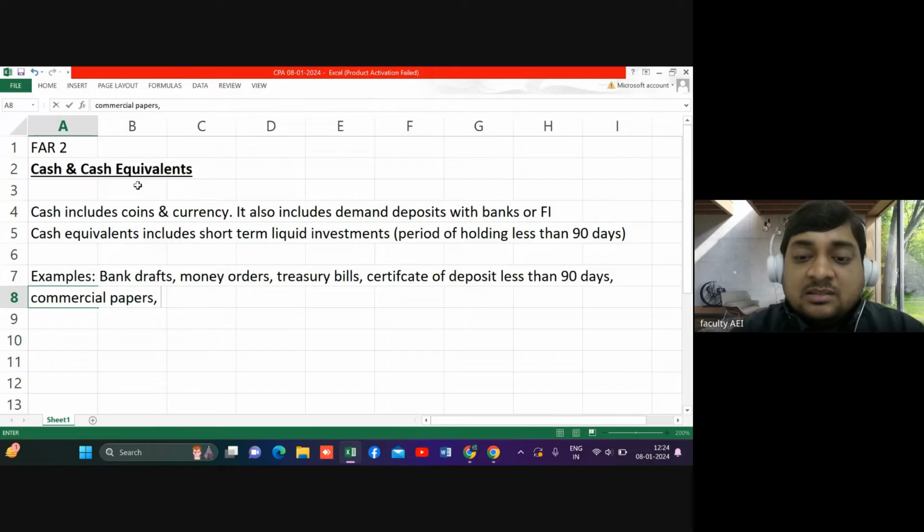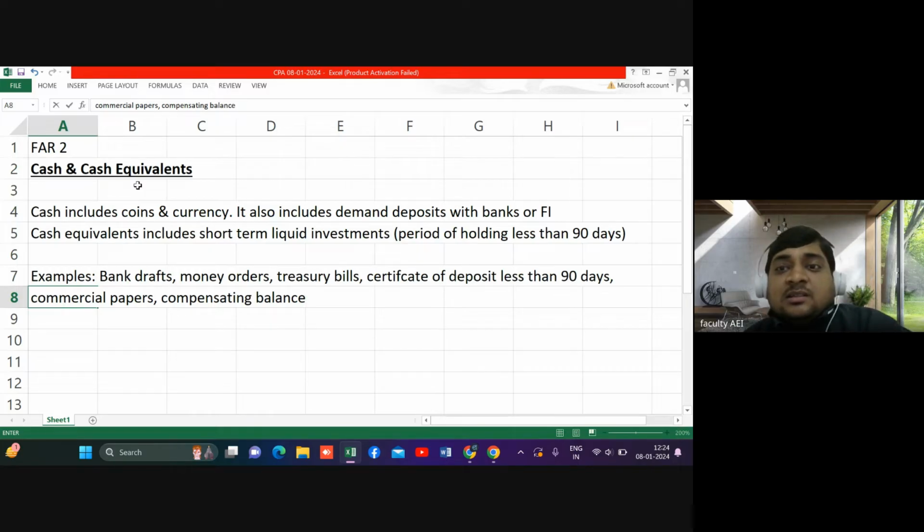We have compensating balance. Now, this is the requirement of a lender, which requires the borrower to keep a certain sum of money for some financing arrangements.